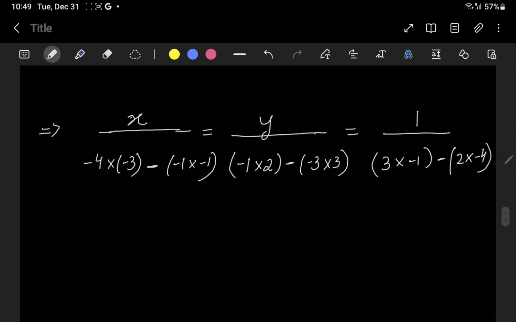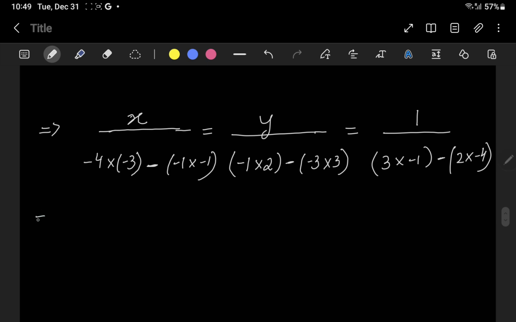In the next step, minus plus, and 4 multiplied by 3 becomes 12. So here comes 12, minus sign, minus plus, so here we write 1 only.